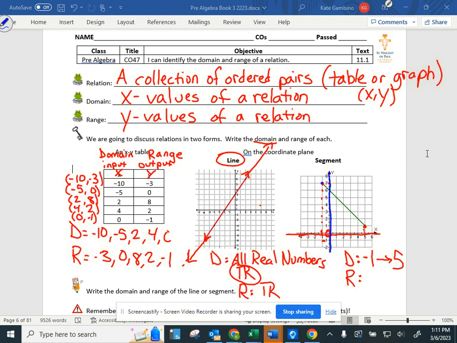If I start at the left point, what is the beginning of my range? I only have one person who knows. Who knows what the beginning is? Mario. 7. Oh, you know what? 1.